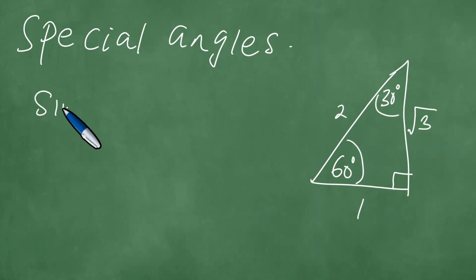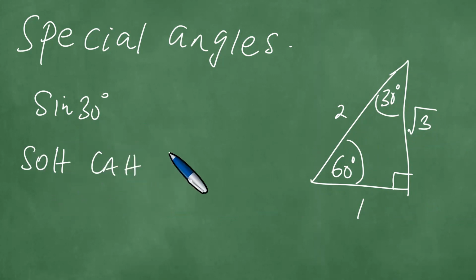So if you have, for instance, the sine of 30 degrees, using our usual SOHCAHTOA, sine is opposite over hypotenuse. This is the opposite one. Hypotenuse is the longest side of the triangle, opposite the 90-degree angle, and therefore sine 30 is exactly 1/2. Let's look at the next question, please.